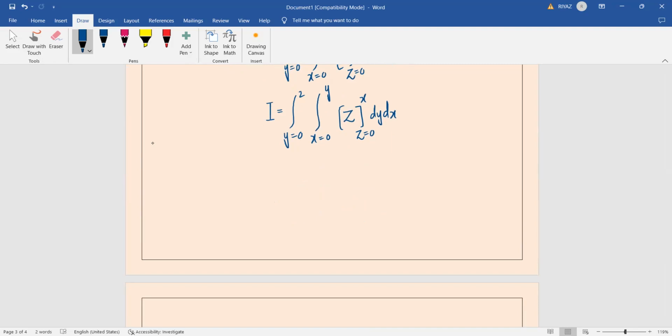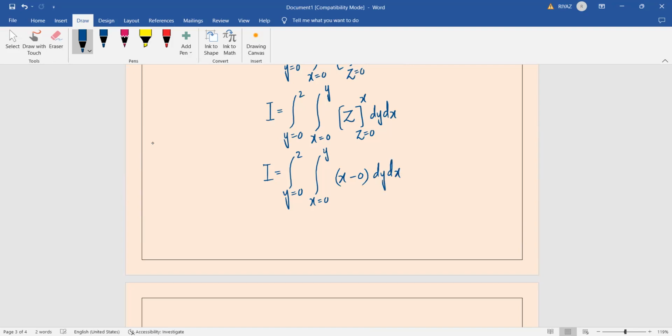So when applying that limit, I is equal to, y value is from 0 to 2, x value is from 0 to y, and now upper limit minus lower limit. In place of z, if you put x, this is the upper limit, minus lower limit 0. Then dy and dx as it is.